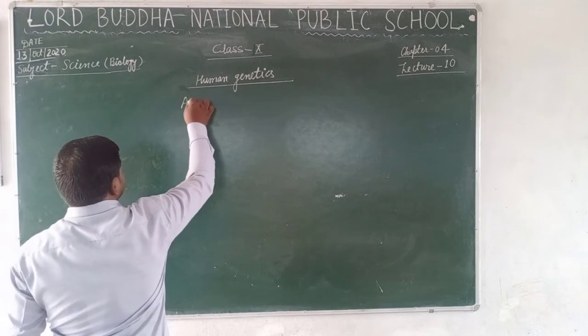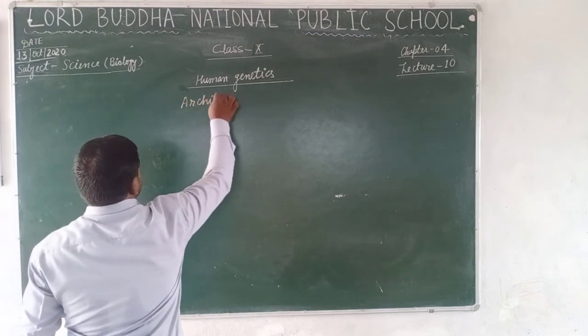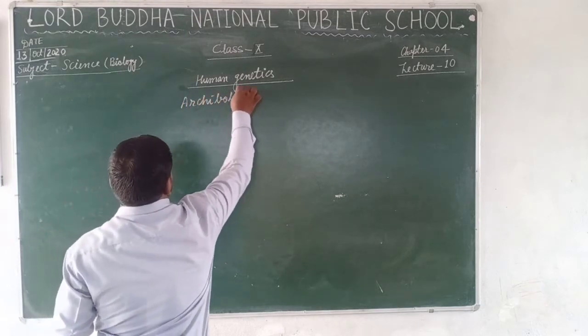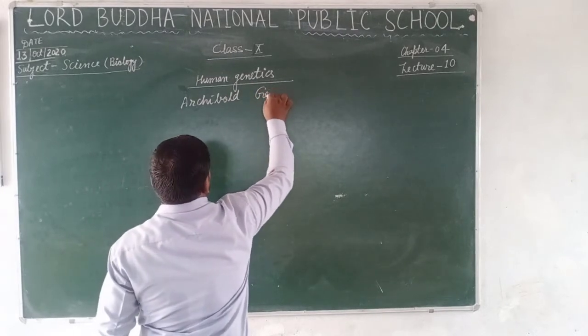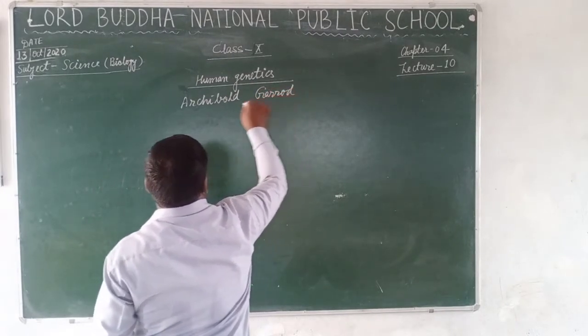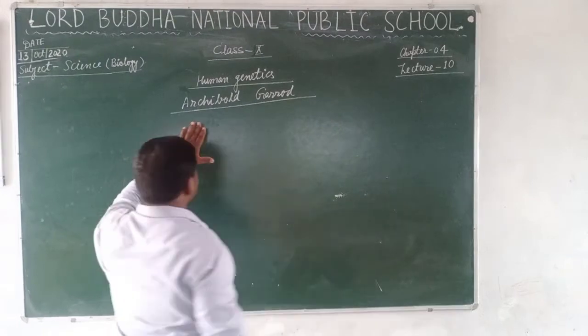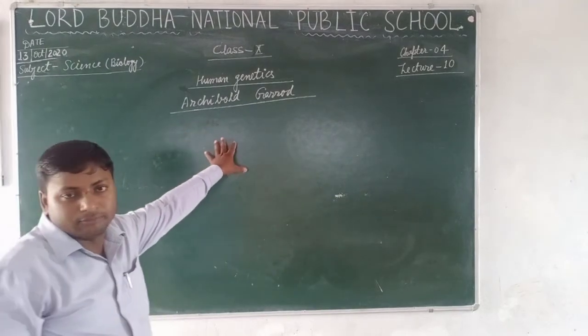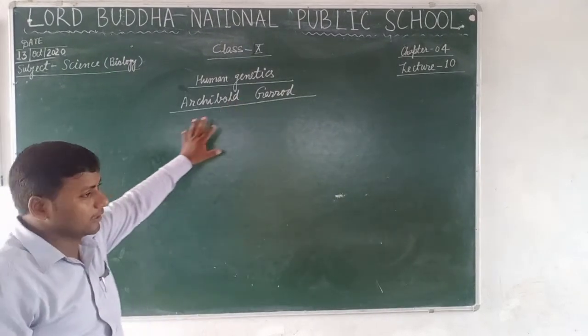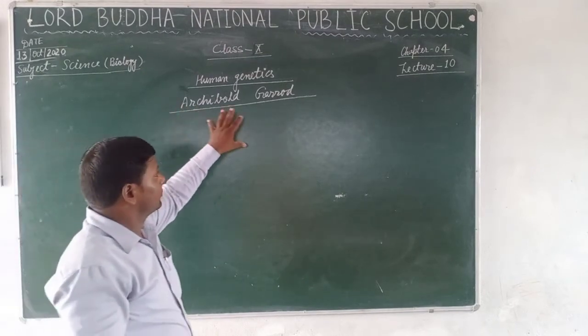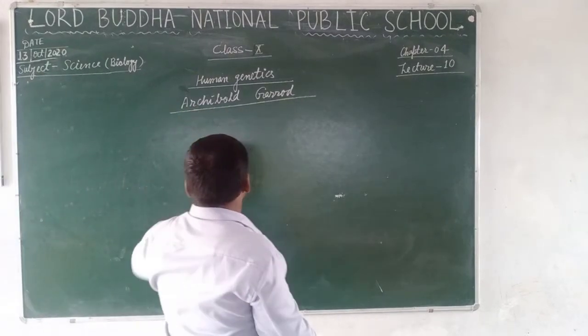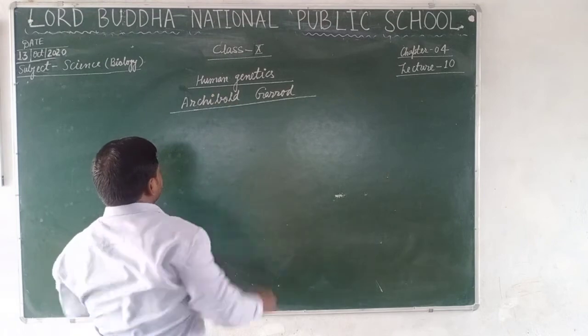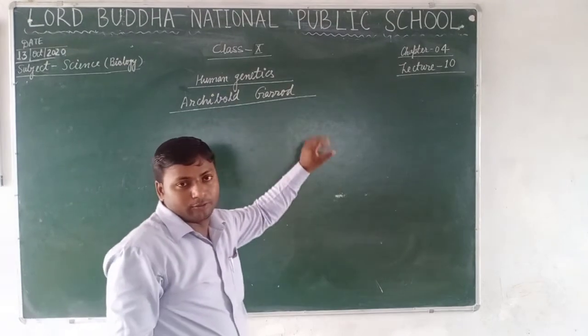Archibald Garrod is regarded as the father of human genetics.